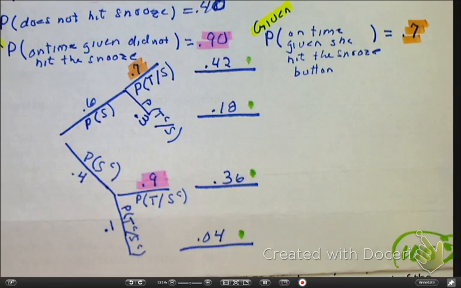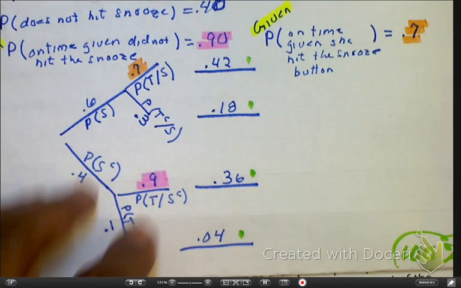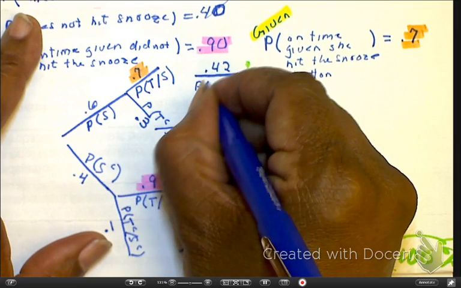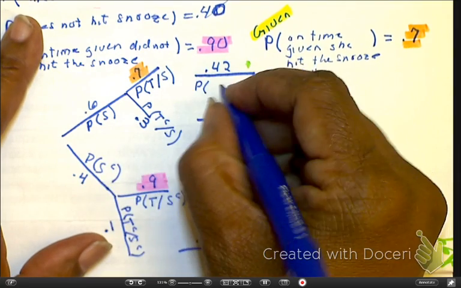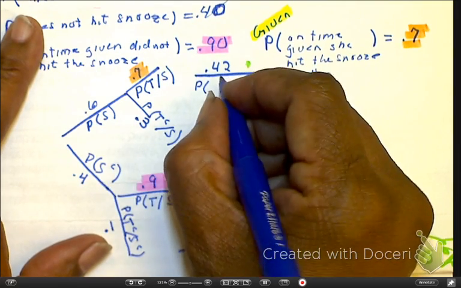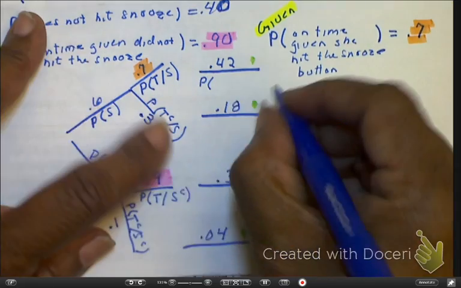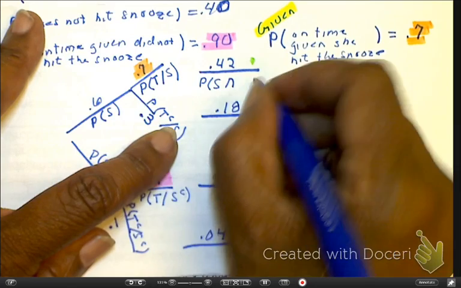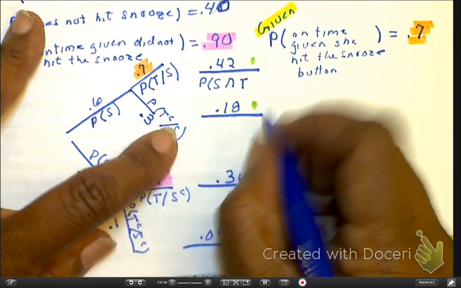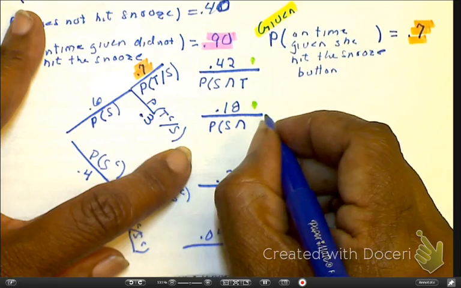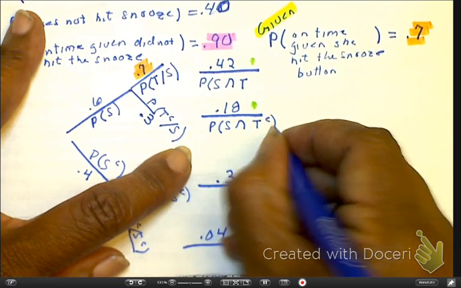Now let's recognize what this all says. Here, this is the probability. We multiplied these two together, so this is the probability of snooze and made it on time. This is the probability of snooze and did not make it on time.